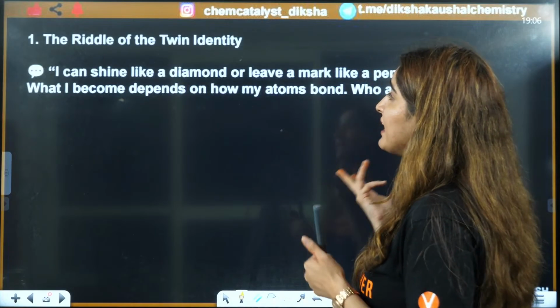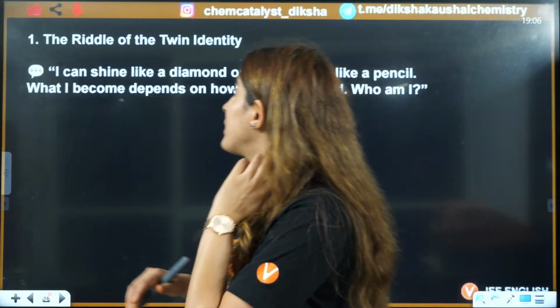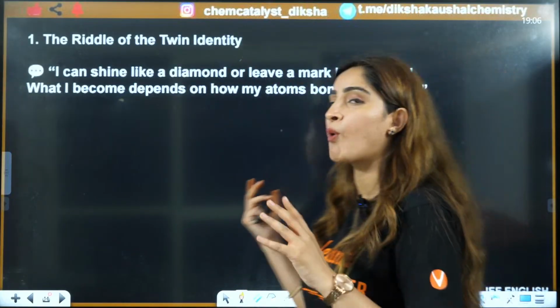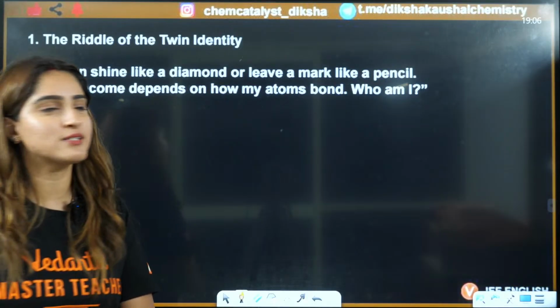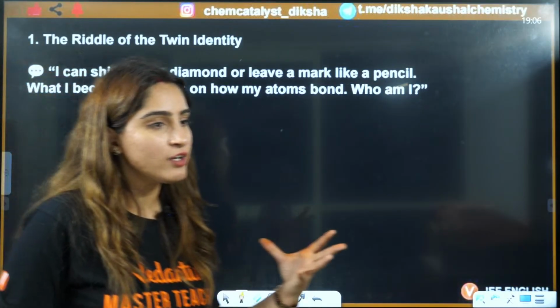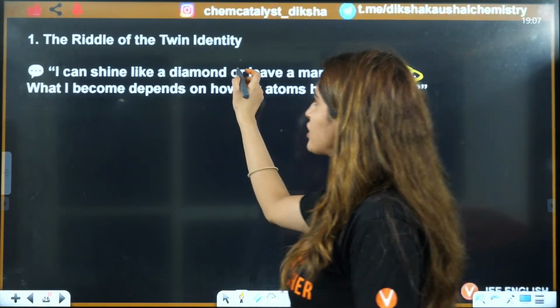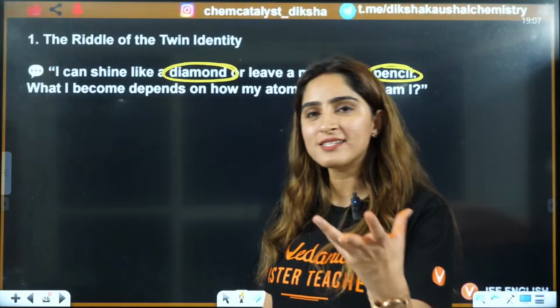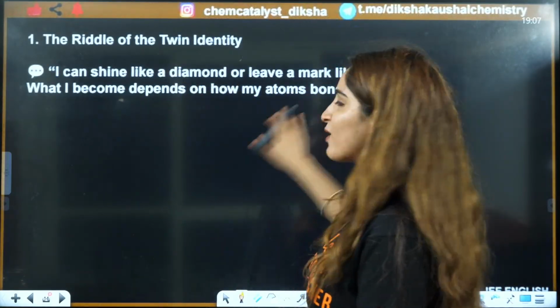I can shine like a diamond or leave a mark like a pencil. What I become depends on how atoms bond. Who am I? Everybody, who am I? Let us see who is able to answer this. What is that element that forms diamond also, that forms pencil also?